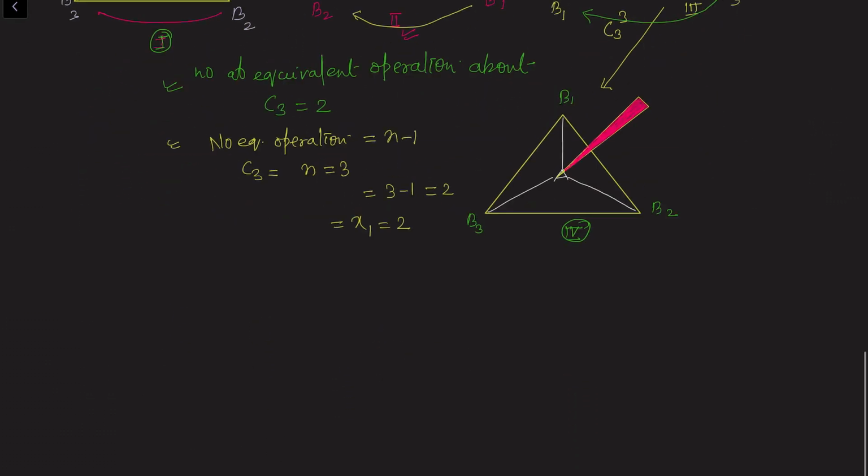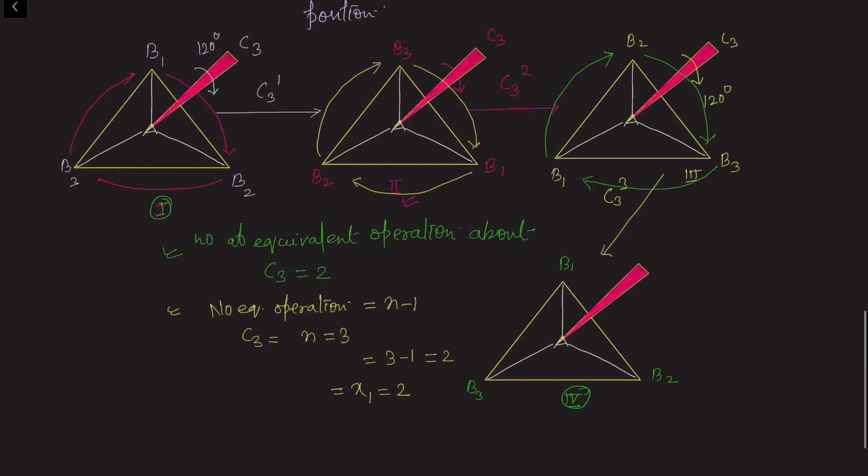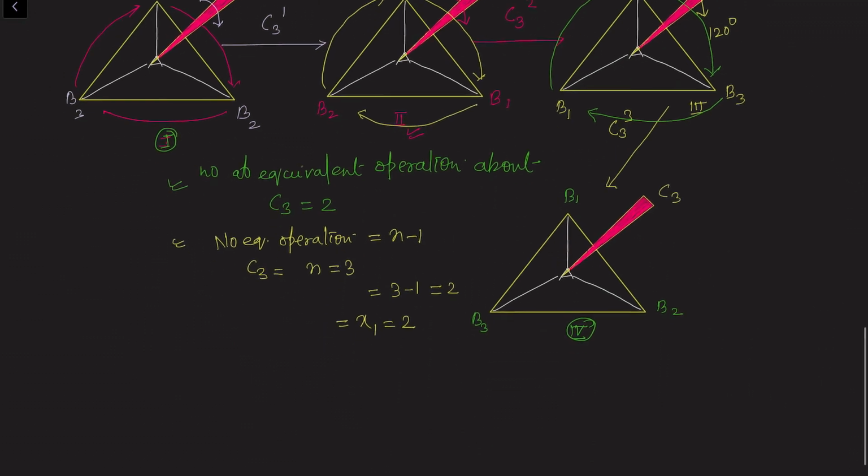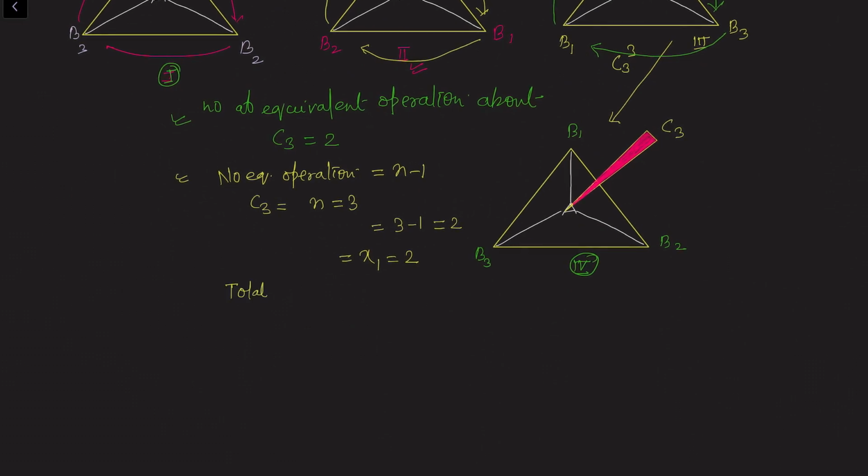Now in a molecule there may be many C3 axes of rotation, more than one C3, more than one C2, more than one C4, more than one C5. So for the calculation of the total number of equivalent operations, we should be very careful about how many total axes of rotation are present in the given molecule. So what is the total equivalent operation present in an AB3L0 type molecule?